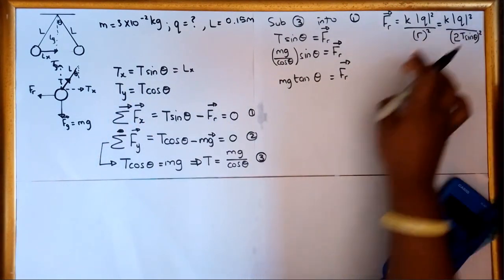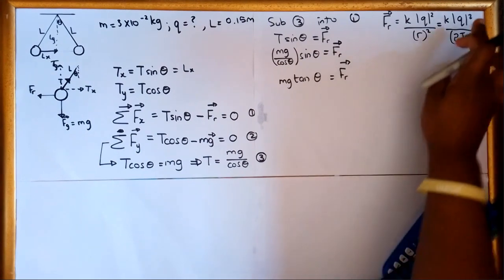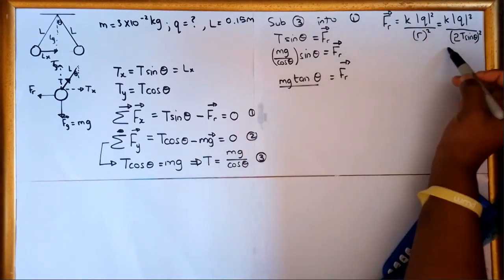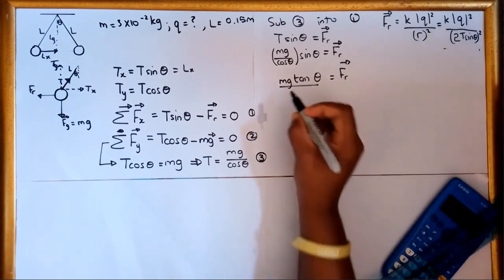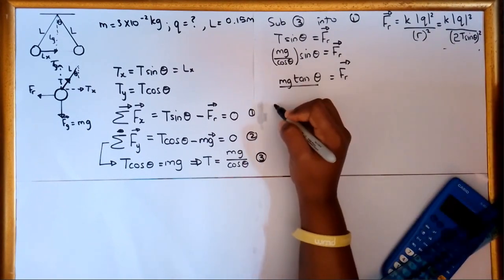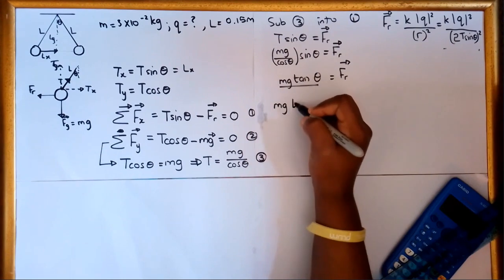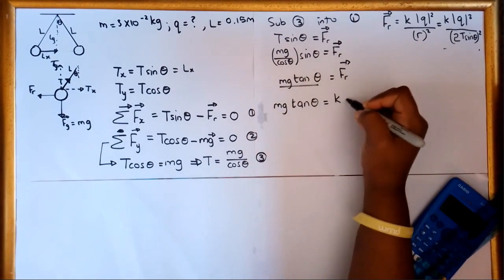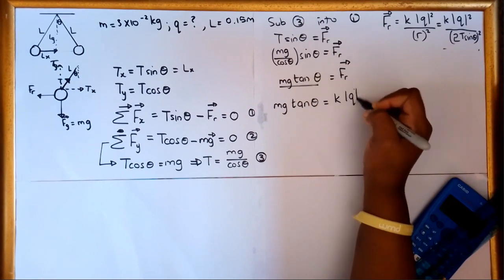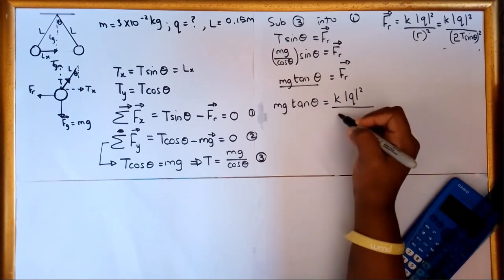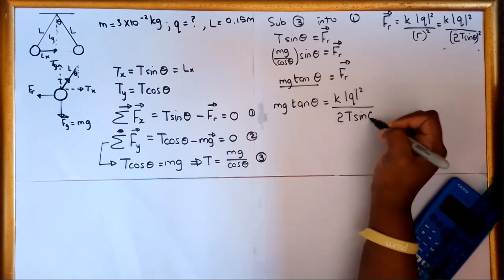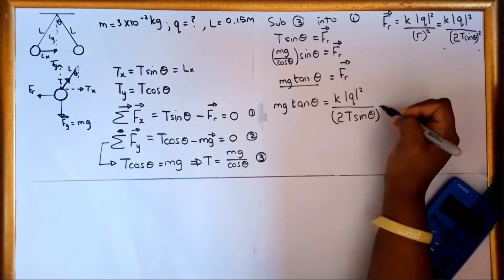Alright, and then from here, we are looking for Q. So if I set this equation equal to the other equation, mg tan theta is equal to K Q squared divided by 2 times T sine theta, squared.